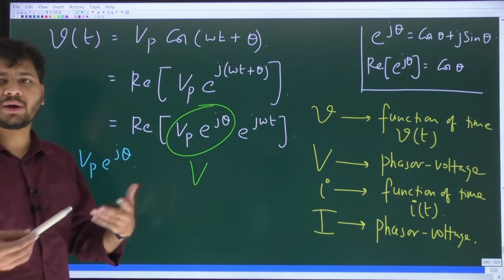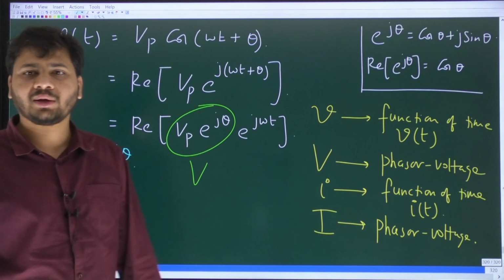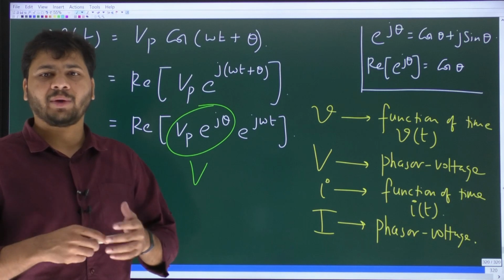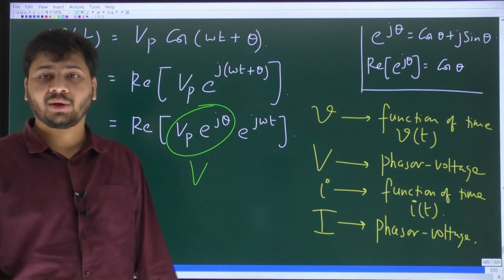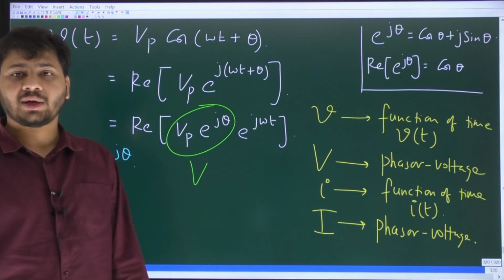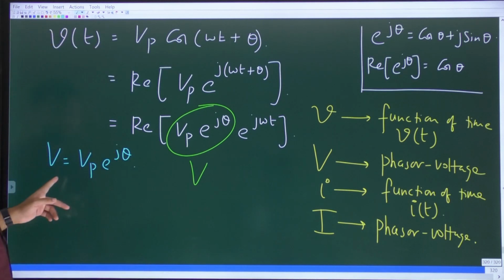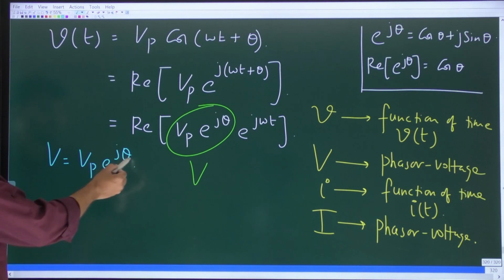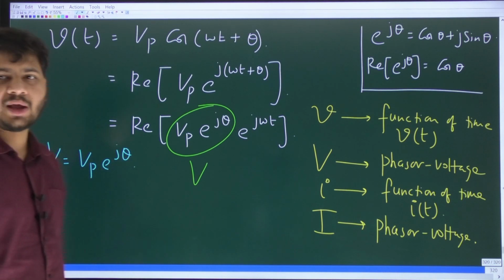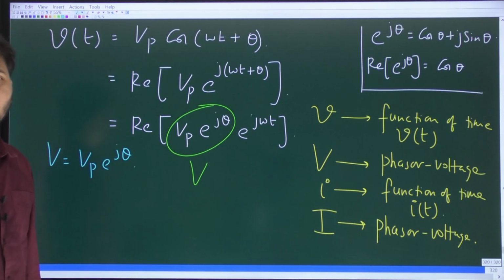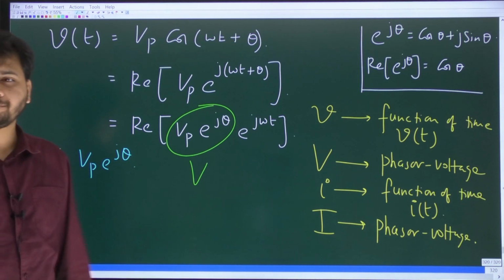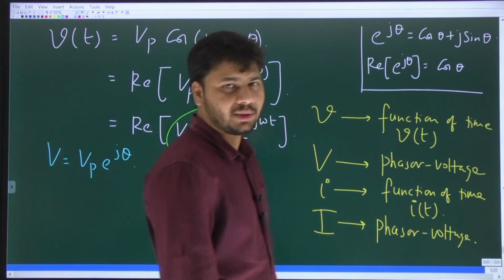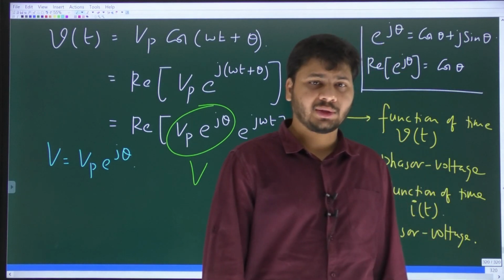So when you are representing voltages and currents in the phasor domain, in a way we are ignoring the frequency of the voltage or the current. Because if you look at the phasor representation of the same voltage, it contains Vp and theta. Vp is the amplitude, theta is the phase angle, but the phasor representation does not include frequency.